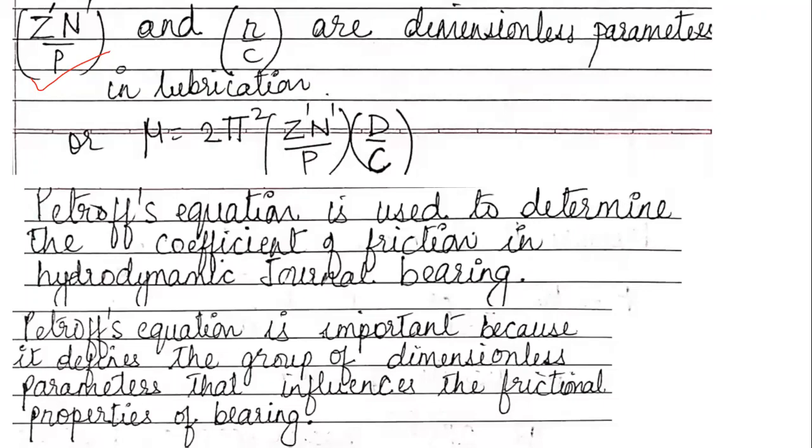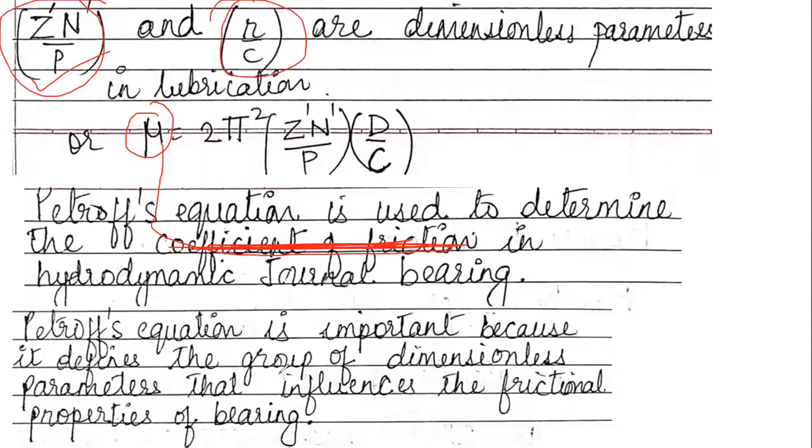Petrov's equation is used to determine what? It is used to determine this mu, that is coefficient of friction. It is used to determine the coefficient of friction in hydrodynamic journal bearings. Petrov's equation is important because it defines these two groups of dimensionless numbers.